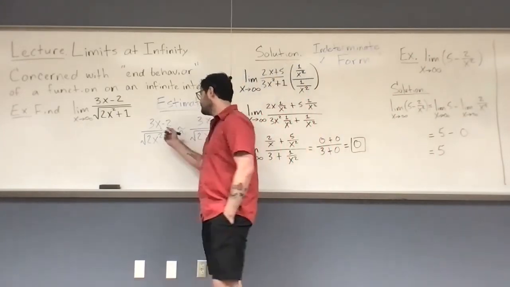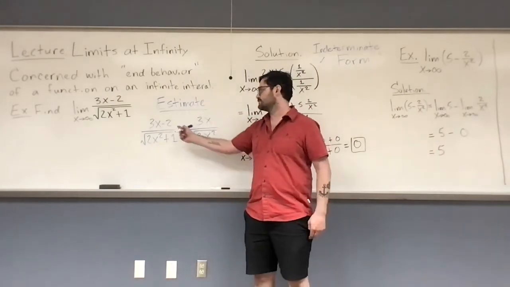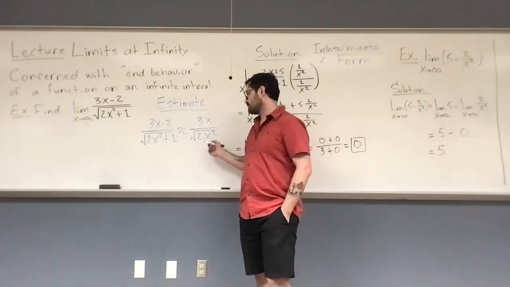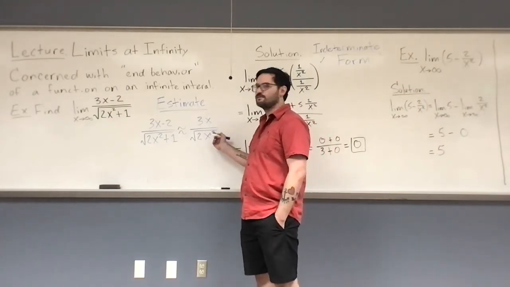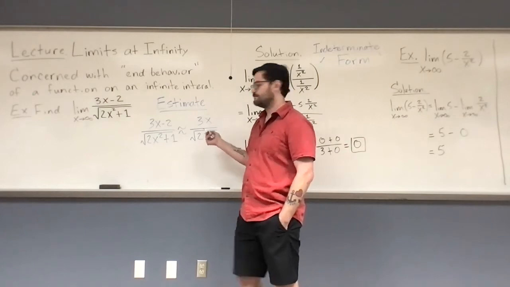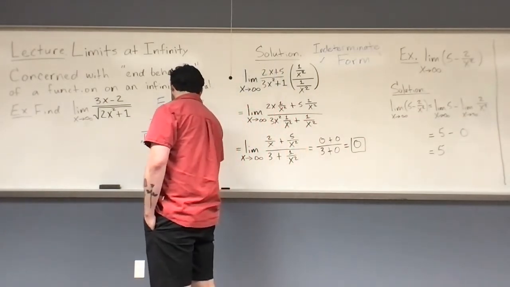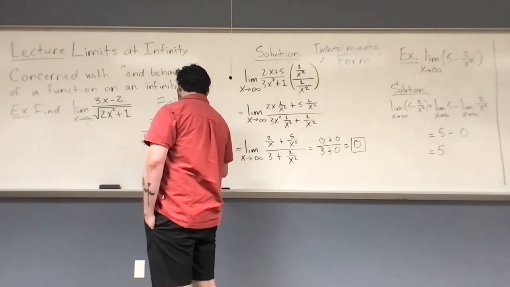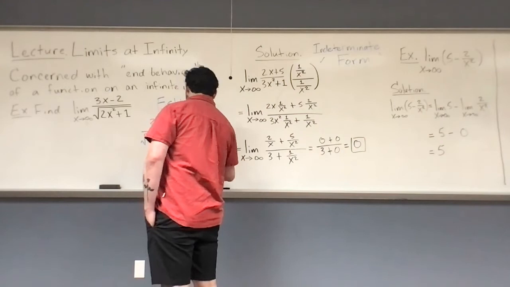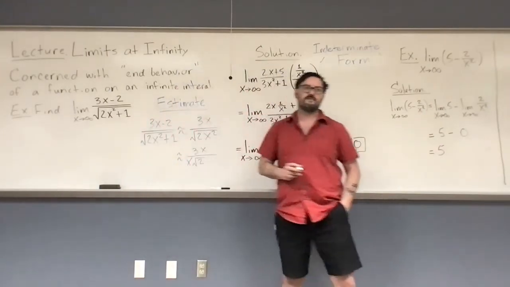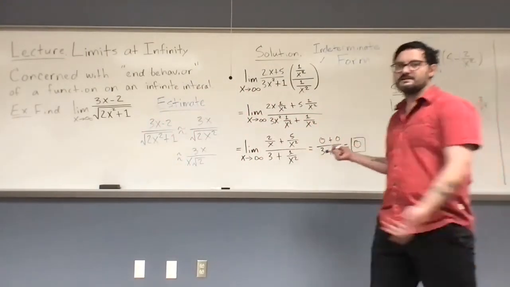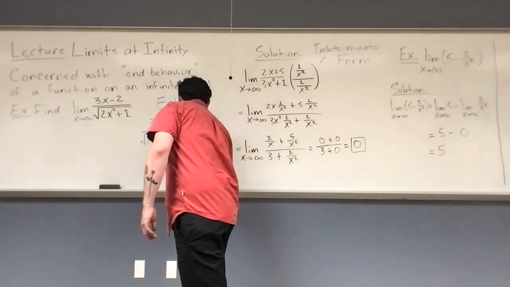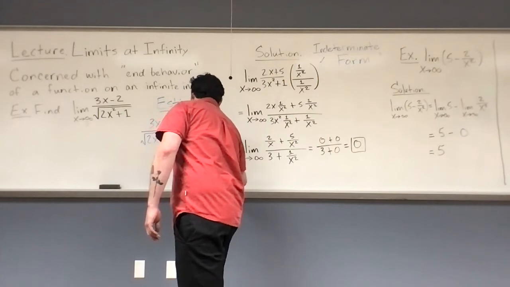The 2 stays in the square root, because it's multiplying. We can take the square root of x squared, and that's just x. And then x divided by x is just 1. And we're left with 3 divided by root 2.